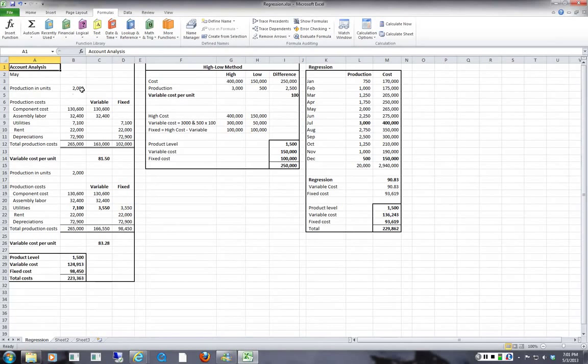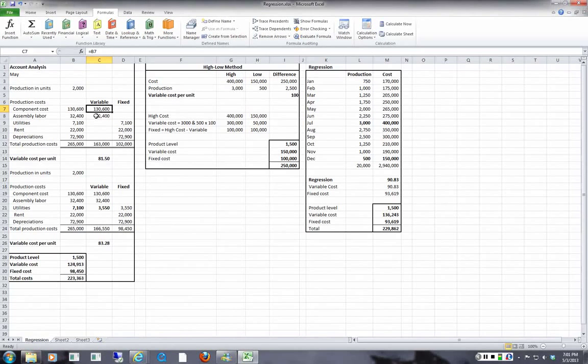So here's production in units of 2,000, and I go through the books and I look. Here's $265,000 of cost, $130,600 is the component cost, assembly labor $32,400, and so forth. I determine, because I deal with the numbers all the time, that $130,600 of component cost is variable.